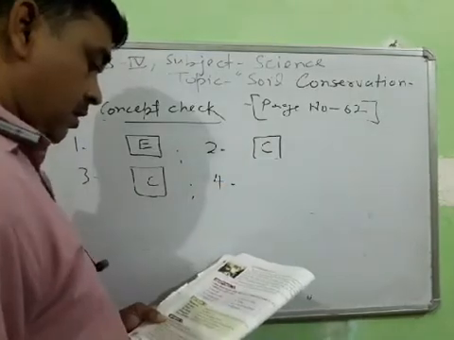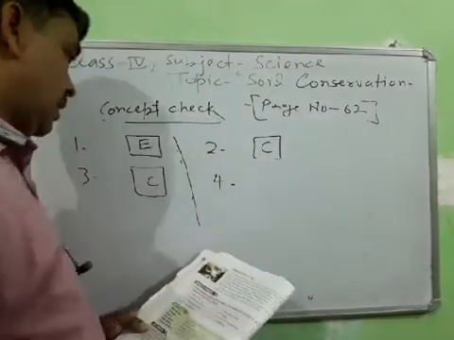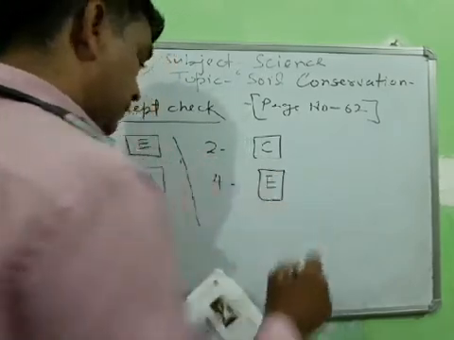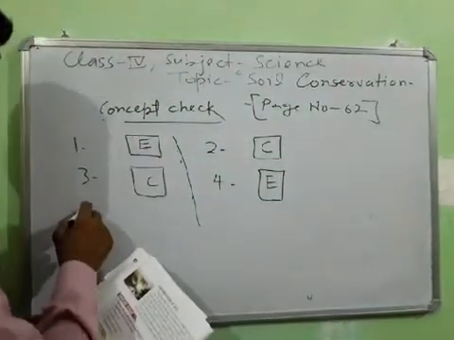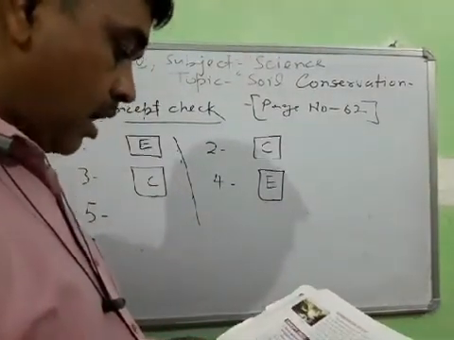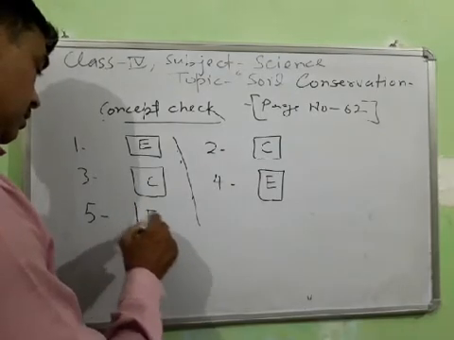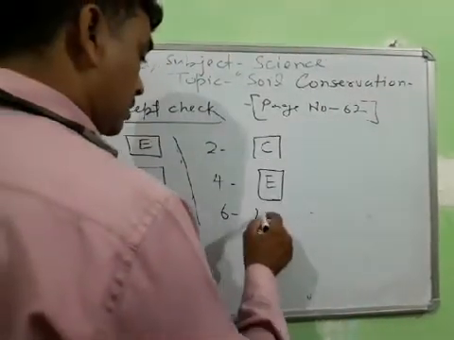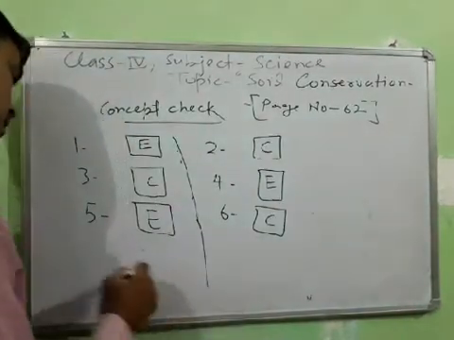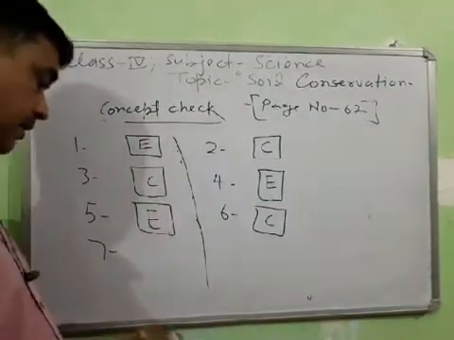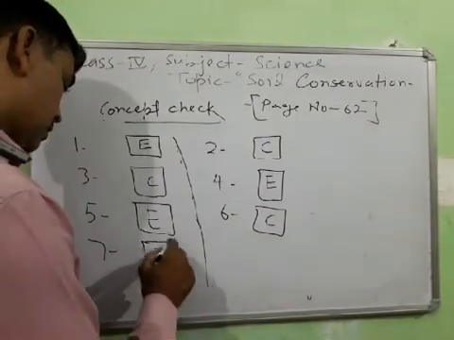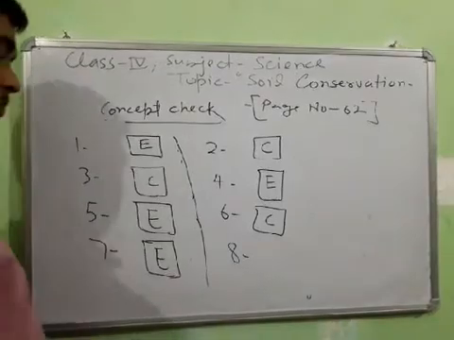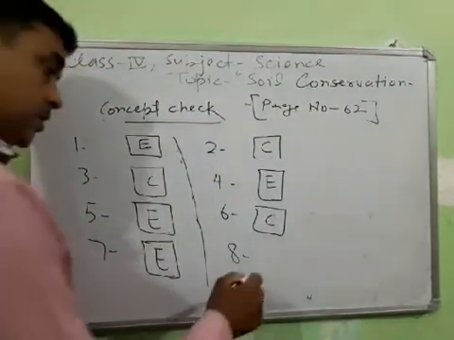Four, flood, it is a cause of soil erosion, so E. Fifth, cutting down trees, a cause of soil erosion, E. Six, correct farming method controls soil erosion, so fill the C. 7, grazing animals, a cause of soil erosion, E. 8, afforestation means planting more trees which prevents soil erosion, means conservation of soil.